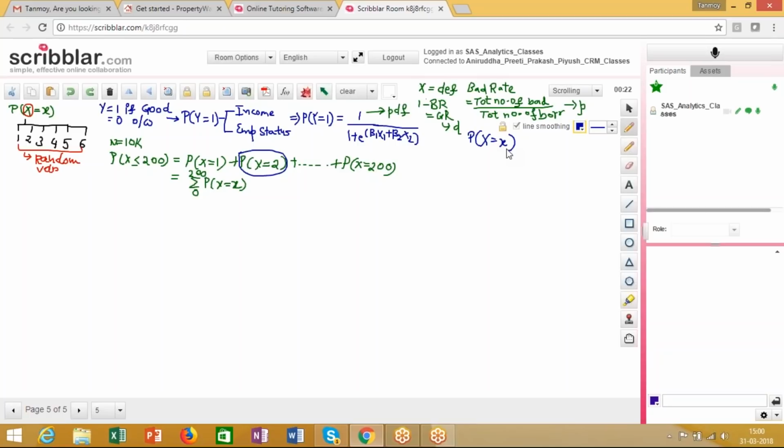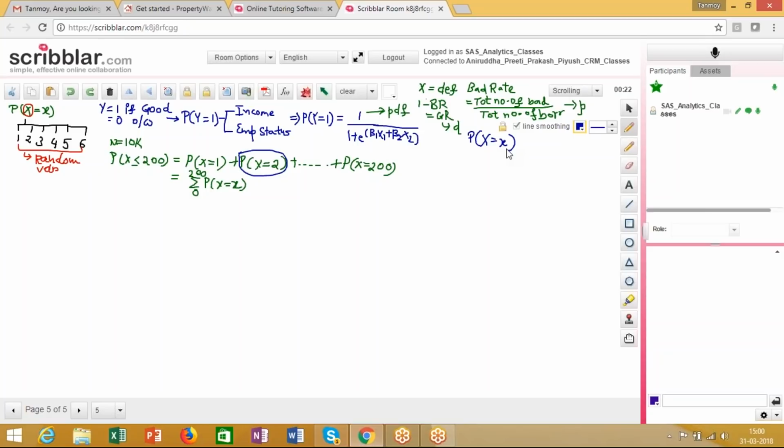How will I calculate the probability of getting, say, two defaults in a trial of 10,000 borrowers?